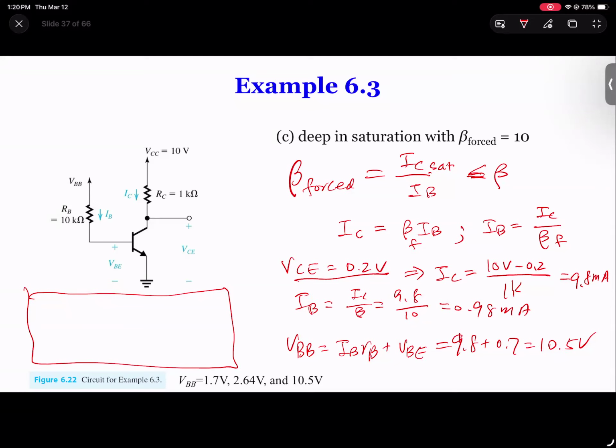So over here, I want to ask you guys, if I fix VBB, what things can you change to make this BJT work in three different modes?